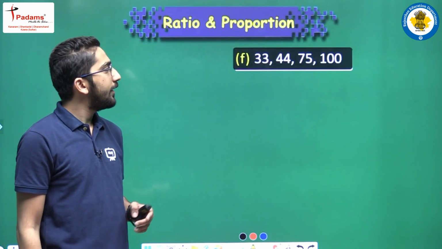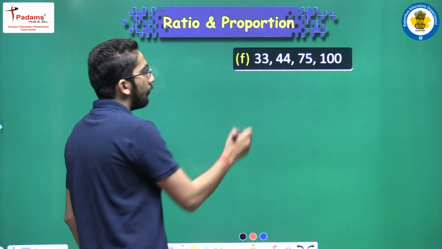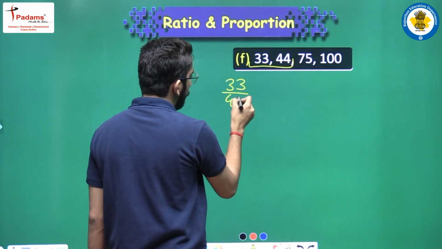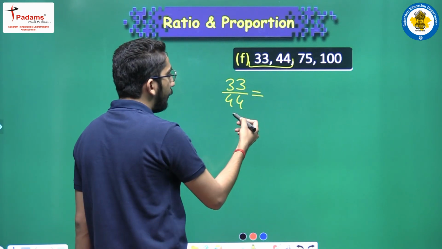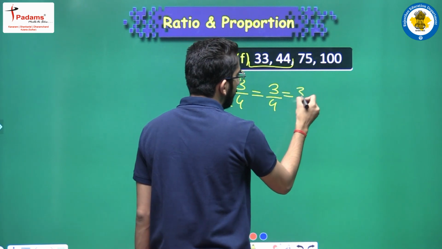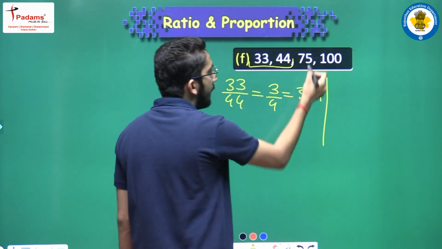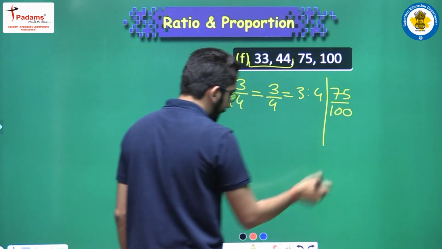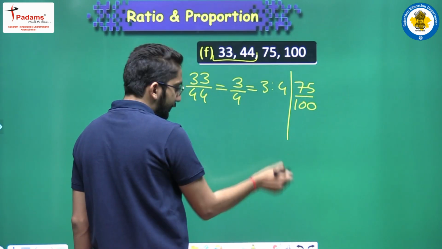33, 44, 75 and 100. So first we will check for 33 and 44. 33/44. I can divide both of them with 11. It will become 3/4 which is 3:4. Then for 75/100 I can divide both of them with 25 directly.